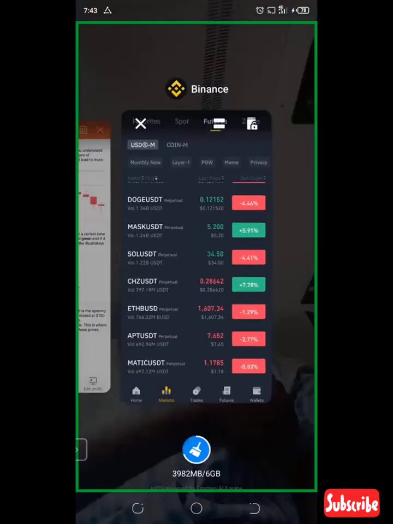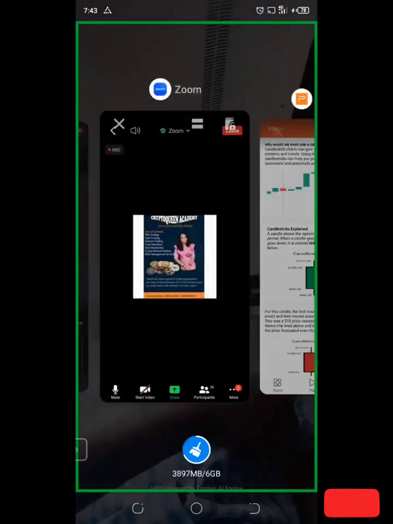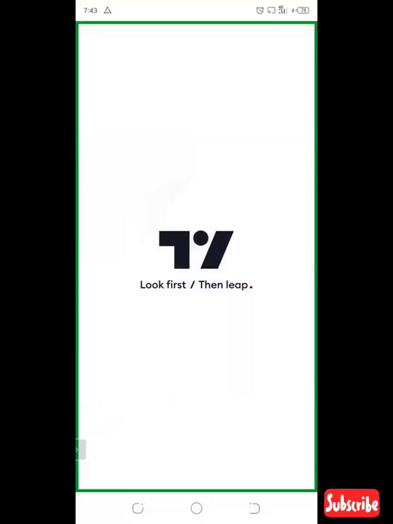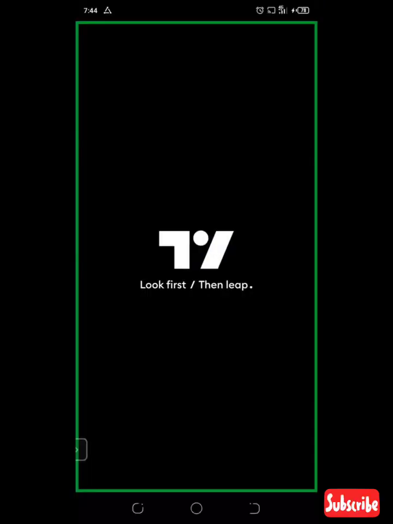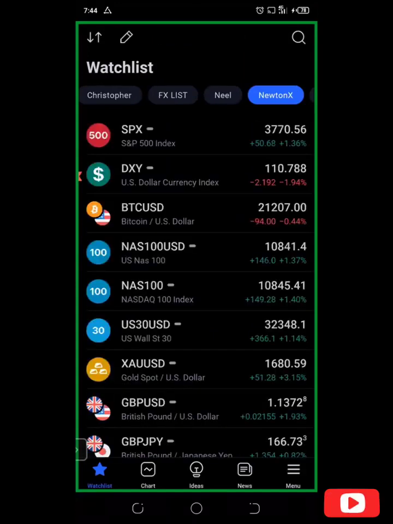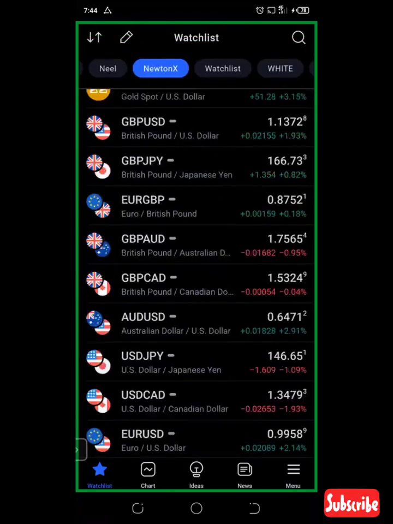Let me just show you what TradingView looks like before we start properly. Please, from tonight, try and download TradingView so that you see how it is.